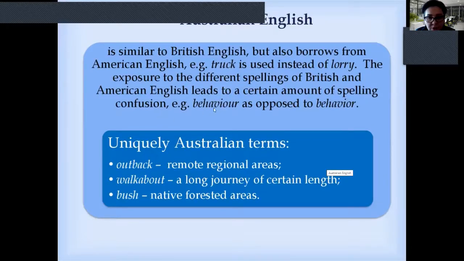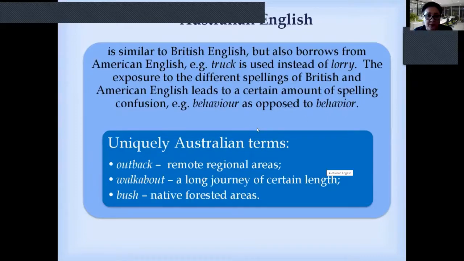So, as you see, behaviour and behavior, the pronunciation doesn't have many differences, but in spelling, the letter U is omitted in the American type of spelling.